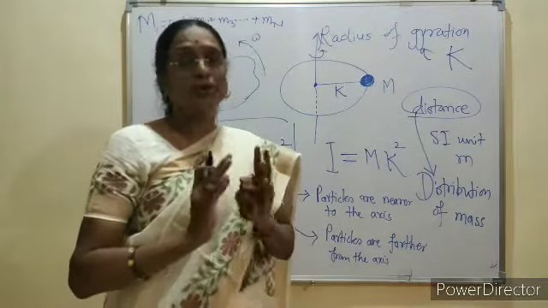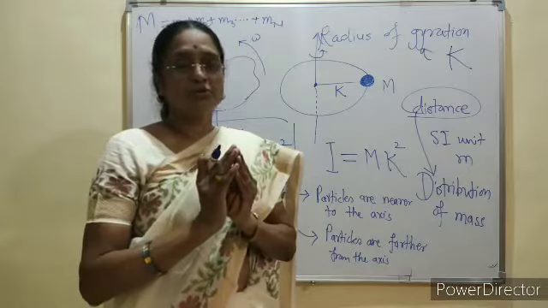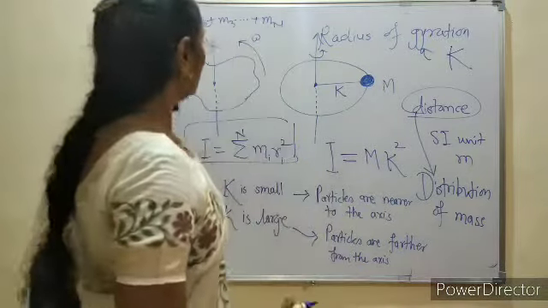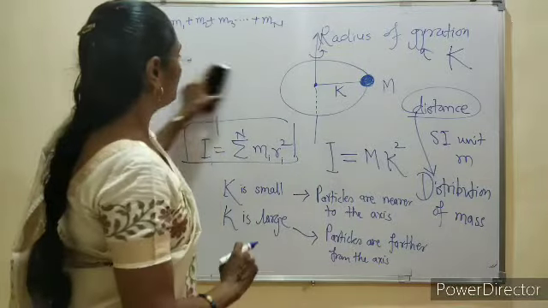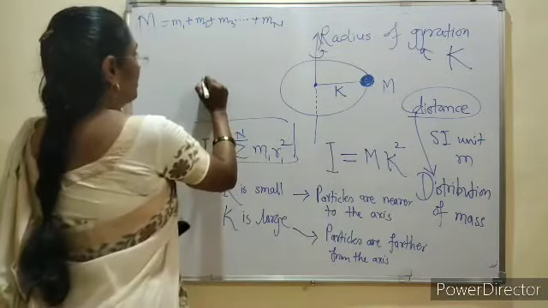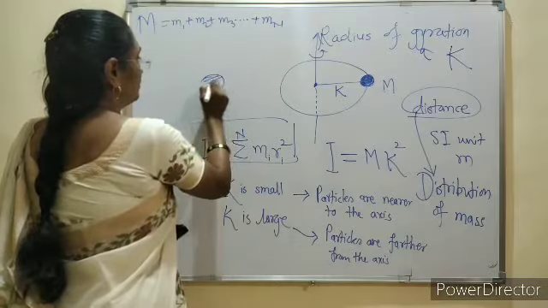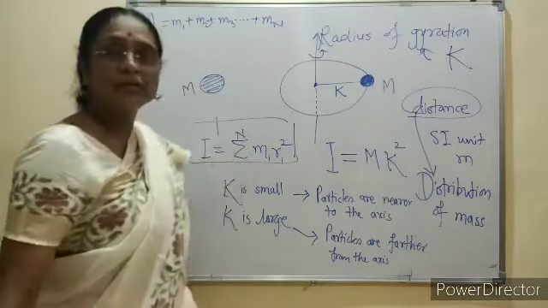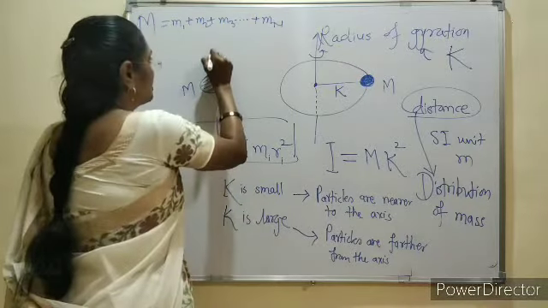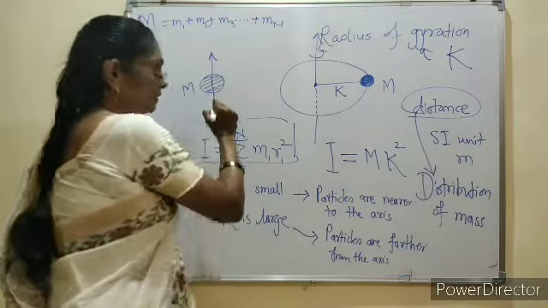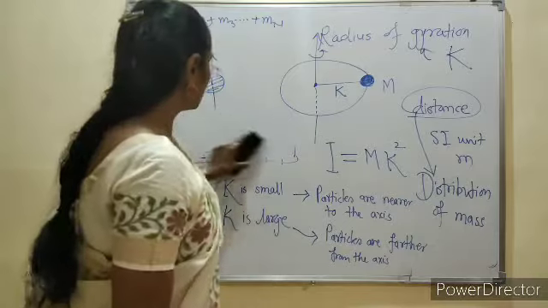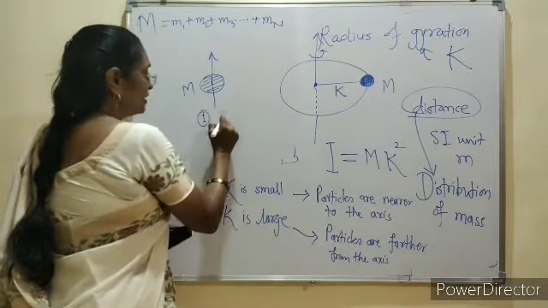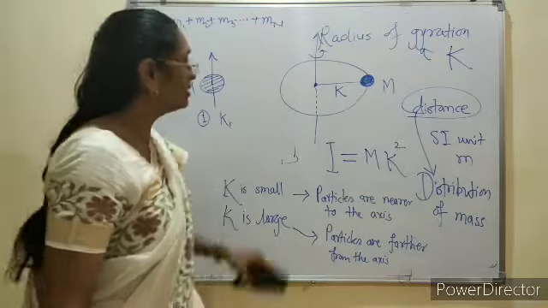For a given body, if k comes to be small, let us take one example. Suppose we have a disc like this having mass m, and its axis of rotation is shown like this. For this first disc, suppose its radius of gyration is k1.